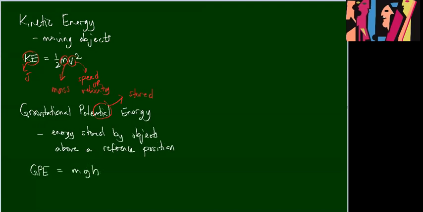mgh. m here again is the mass of that object. g is the gravitational field strength, the value 9.8 meters per second squared. That's acceleration due to gravity. They're equivalent numerical values, equivalent concepts.